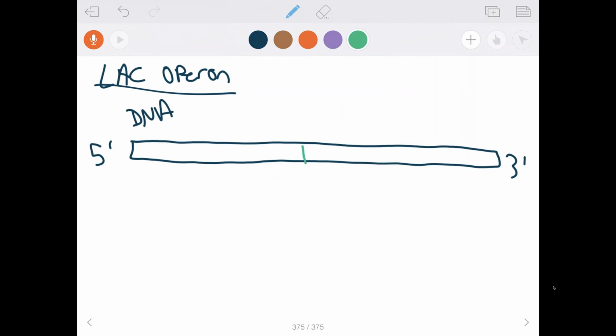You have gene 1, gene 2, gene 3, and then in front of that you have the promoter and the operator. The promoter and the operator. And then this is just more DNA down here.